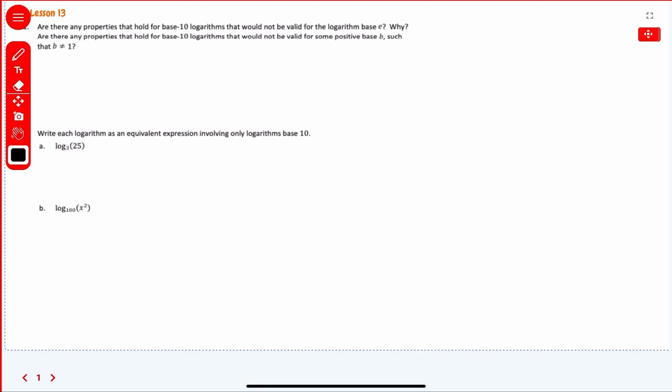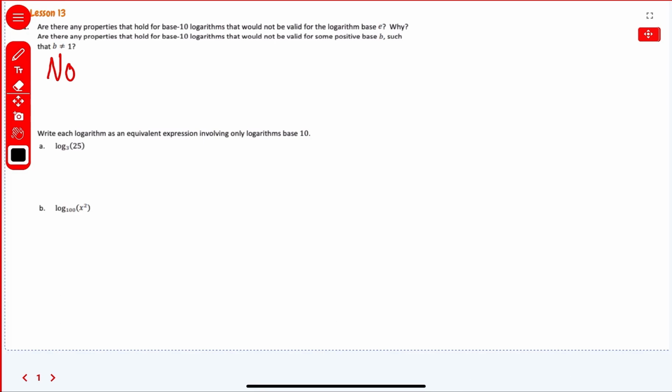Okay, so let's answer the first question. Are there any properties of base 10 logarithms that could not be valid for the logarithms of base e? No. Those will always be true for base 10 or base e.